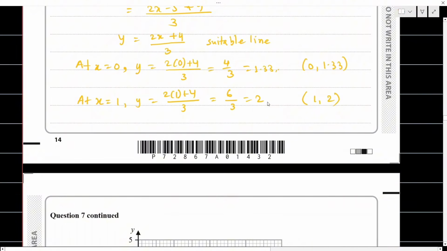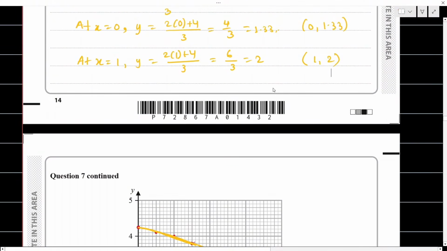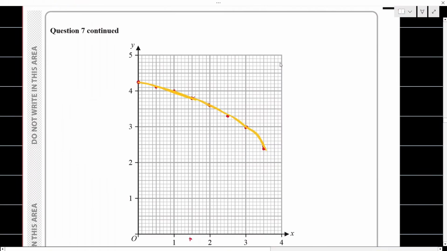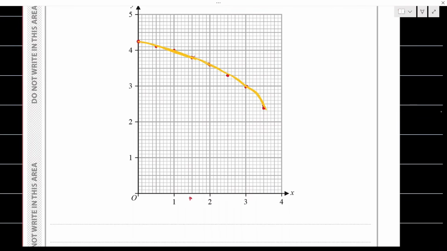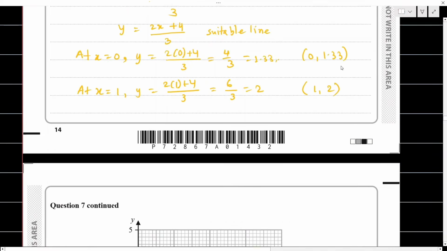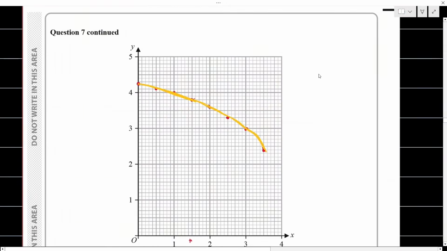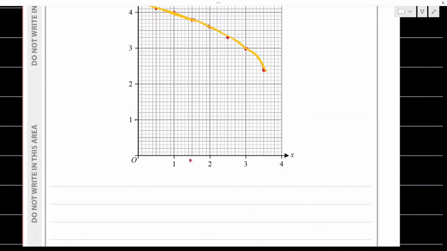So we can plot these points on our graph, and then we can find the intersection point by seeing the coordinates of the intersection point. At x equals 0 the value of our straight line is 1.33, so it's (0, 1.33).